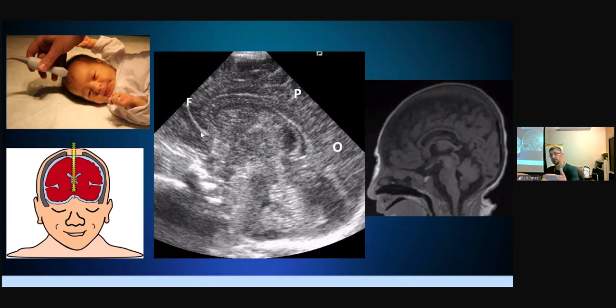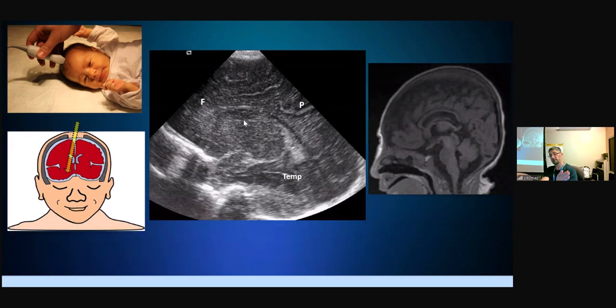In the mid-sagittal plane, frontal, parietal, and occipital lobes, and the hypoechoic structure is the corpus callosum, and cingulate gyrus right over the corpus callosum, the third ventricle in the midline, and the fourth ventricle, and the brainstem, and the cerebellar vermis. It appears echogenic normally.